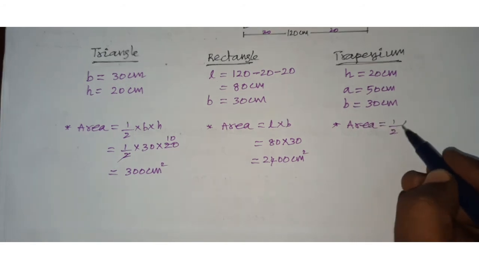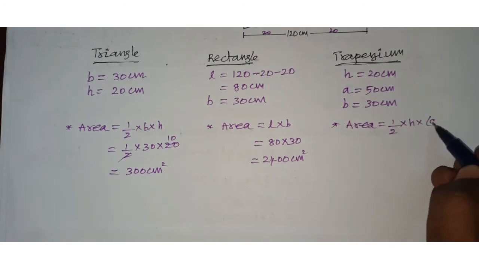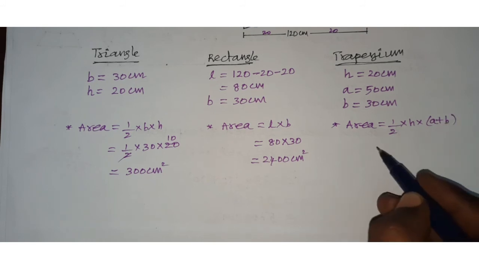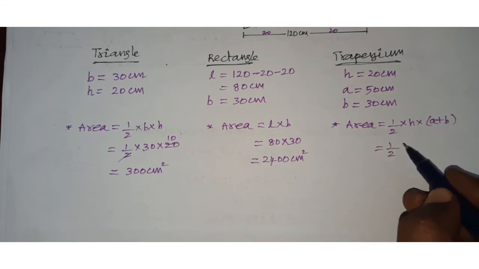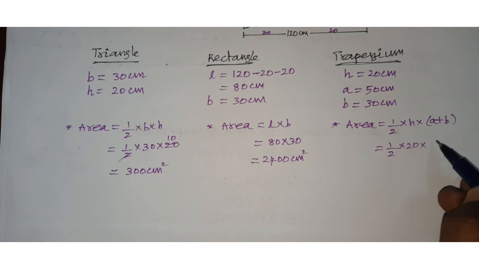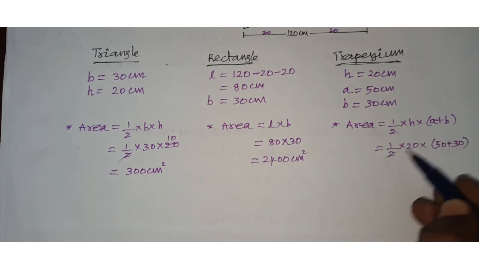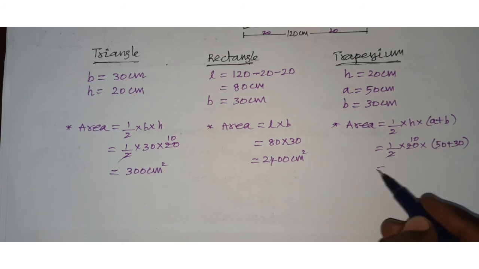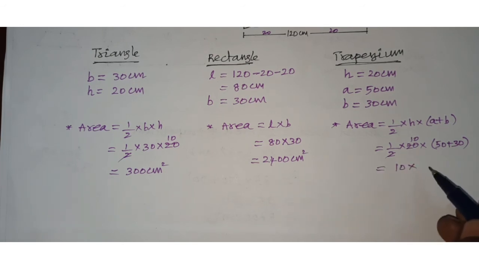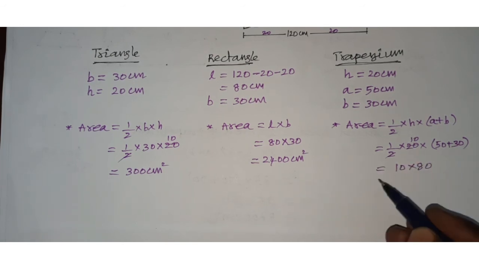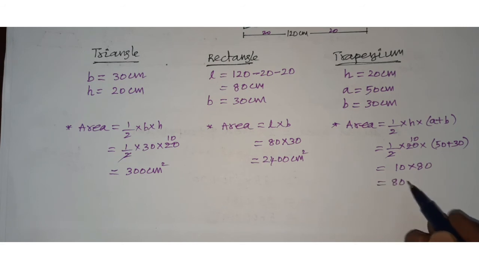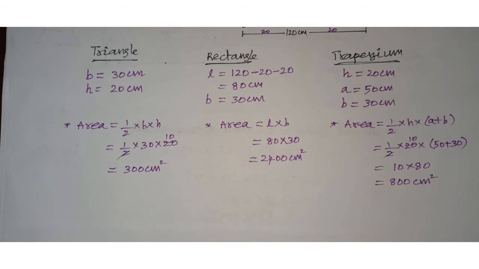And what is the area of the trapezium? 1 by 2 into H into A plus B. So here 1 by 2 into height 20 into A plus B, 50 plus 30. So 2 ones are 2, 2 tens are 20. Therefore 10 into 50 plus 30, 80. That is 800 centimeter square. So now we have found the separate value of each shape.